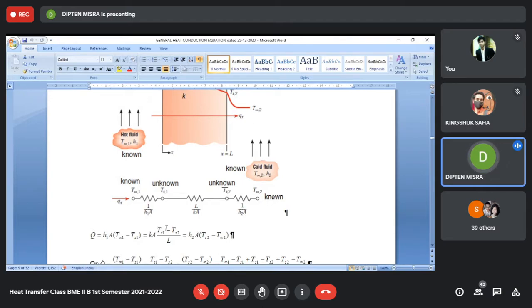So these three will be equal when three things are satisfied. Number one, it should be under steady state. Number two, there should not be any heat generation.